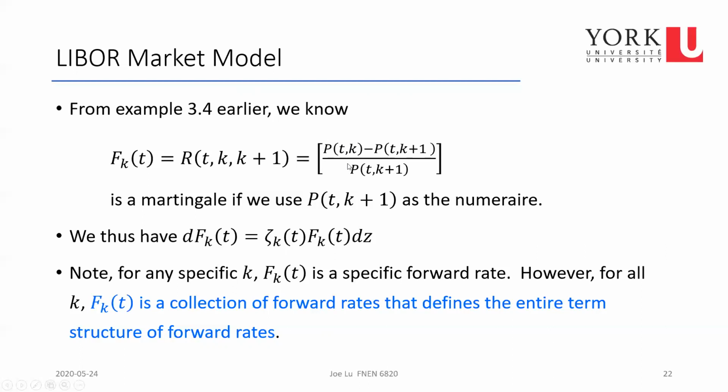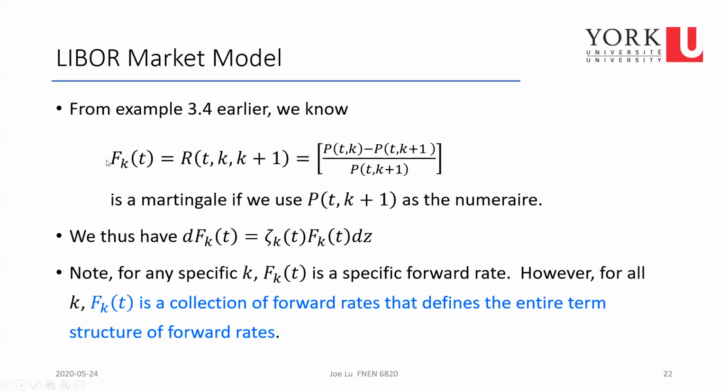So we use this zero coupon bond as a numeraire, and we call this difference another financial asset. Give it a name, say F or something. Then this ratio, this difference divided by this, will be a martingale if the denominator is used as a numeraire.